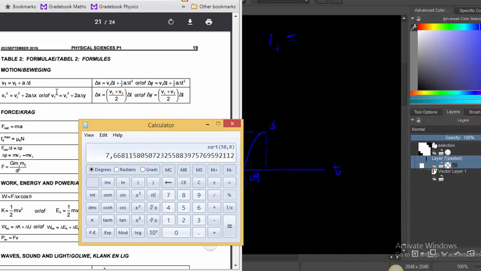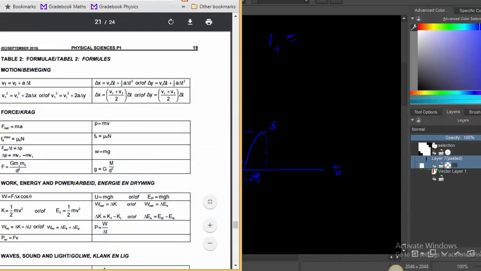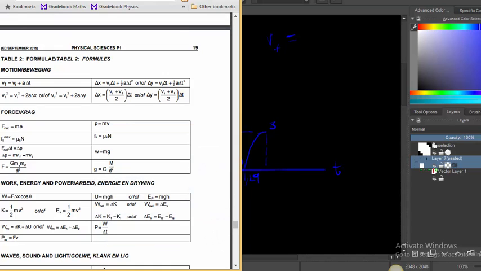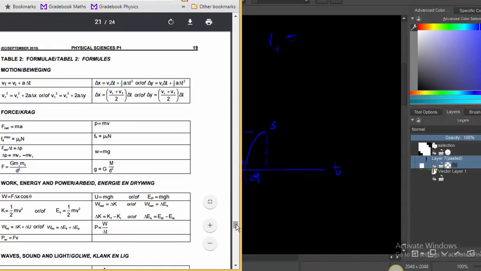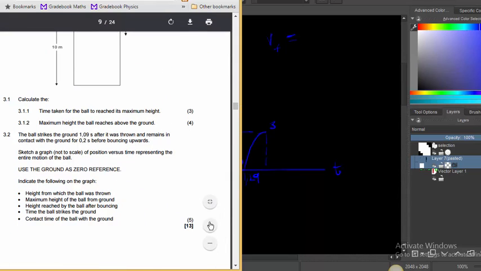So if I keep this one positive, it meant it was negative on this side. So it was negative upwards. This is downwards, so that's positive. So divided by 9.8 gives me then the time. That would be the time there. It wasn't asked, but yeah, you could have calculated it. Okay, and that was question 3. A short question counting 13 marks.